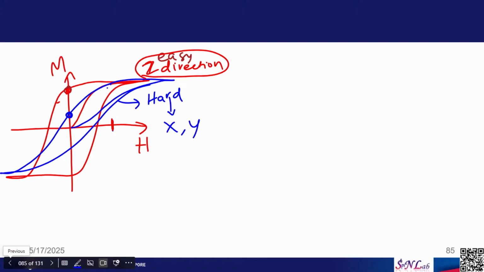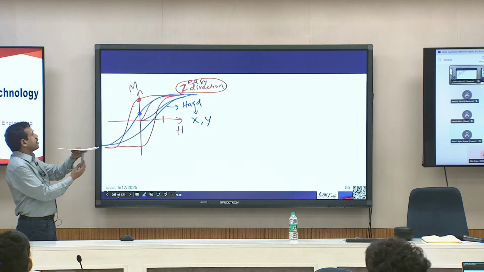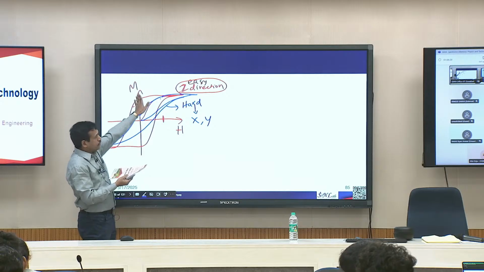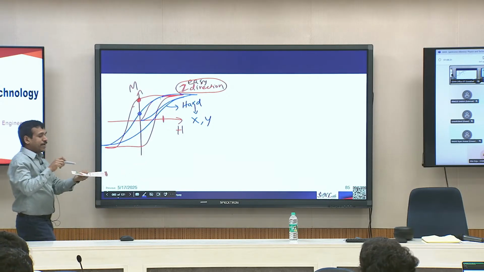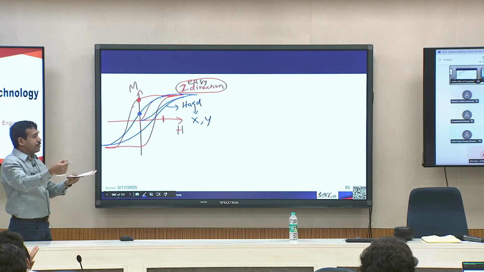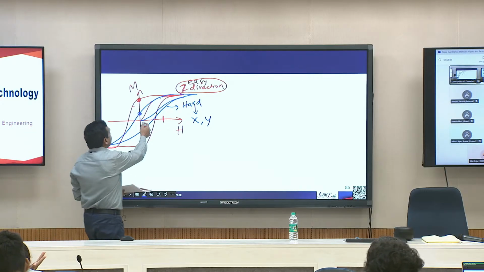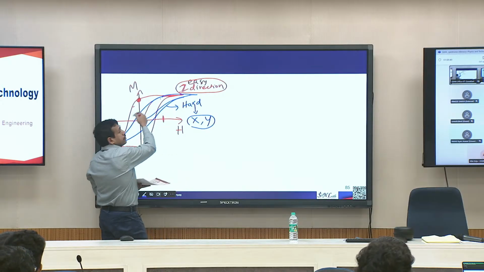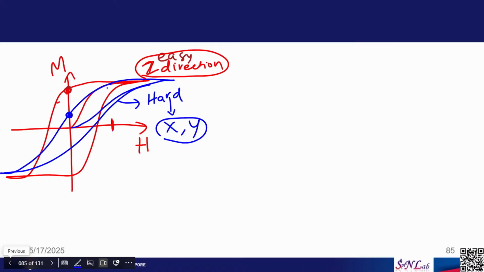So, remember when I apply magnetic field in the z direction, I can easily saturate, I can retain a lot of magnetization. On the other hand, if I apply magnetic field in the x direction or y direction, I need more magnetic field and I cannot retain much of the magnetization. Okay.